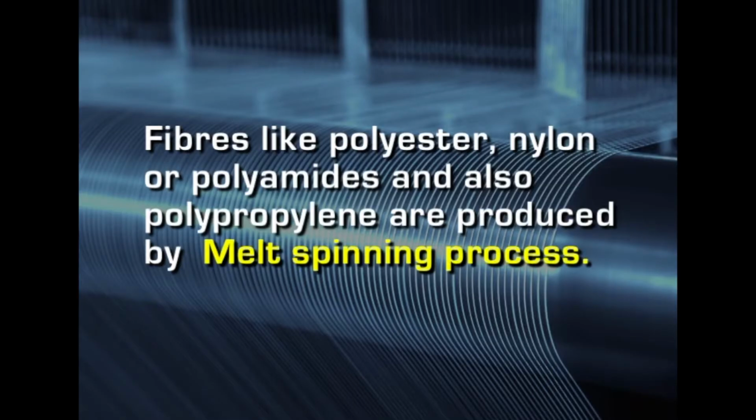It is also very inexpensive, because we are not using any solvent, and solvent recovery is not required in this method, so this is the most inexpensive method. Fibers like polyester, nylon or polyamides and also polypropylene are produced by this melt spinning process.